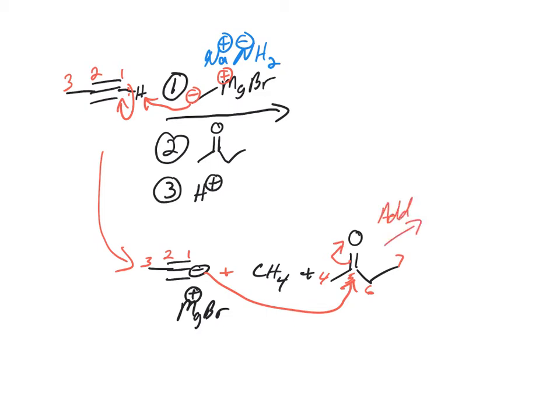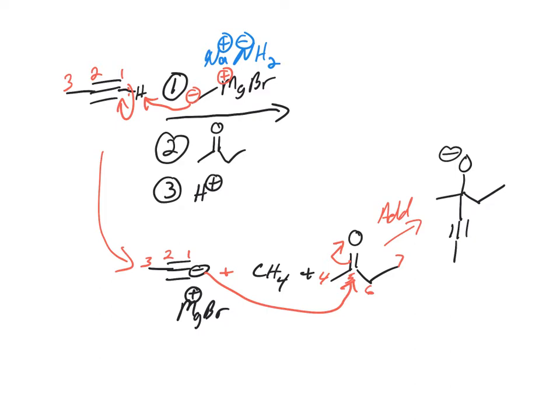We're adding something. What do we form when we do this? Everybody with me now? A tetrahedral intermediate. We went from sp2 hybridized to sp3. And every time you make a tetrahedral intermediate, you ask yourself, are there any good leaving groups? What is a good leaving group? Something that could stabilize a negative charge.